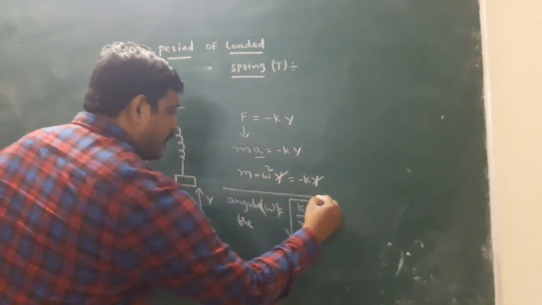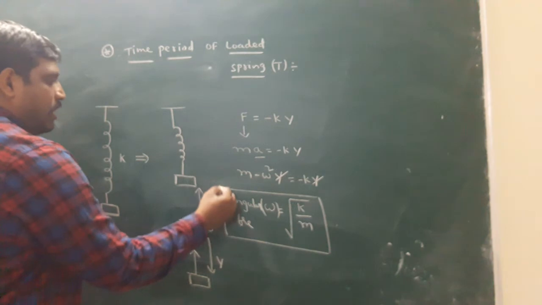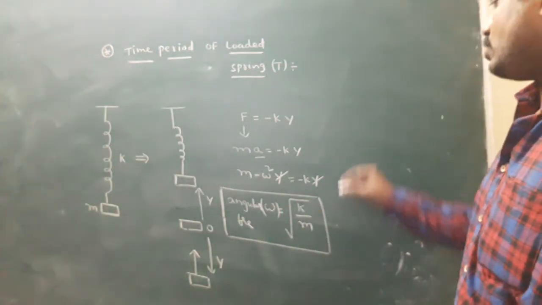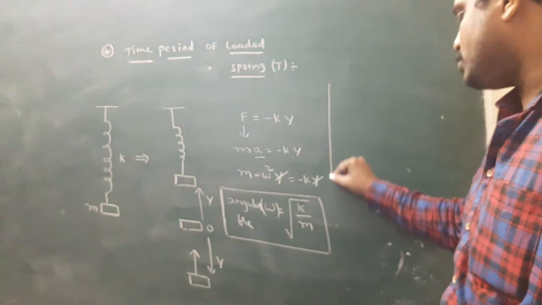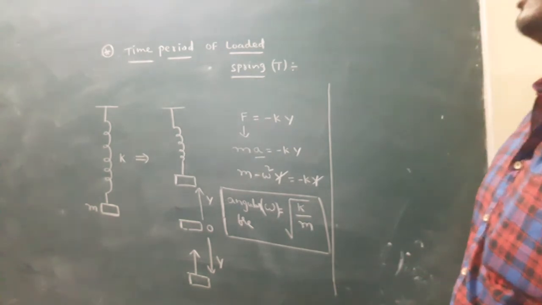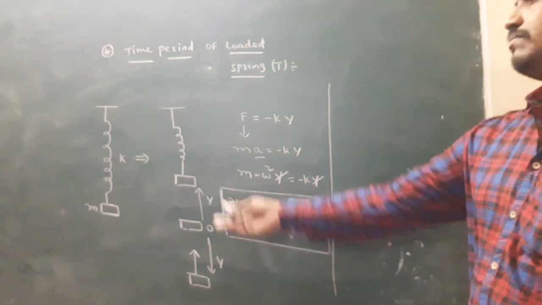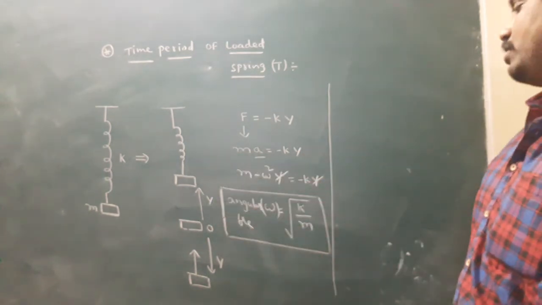What is the angular frequency formula? Omega equals under root K by M. Here, K is called force constant or spring constant or stiffness constant. M is the mass of the suspended body.